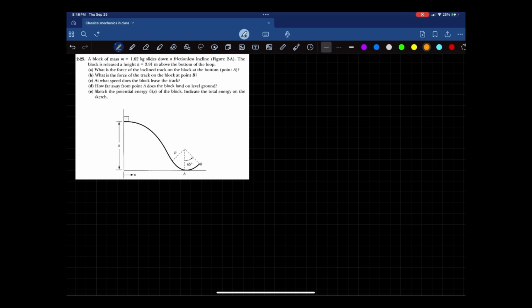225 is asking: what is the force on the inclined track on the block at the bottom? At the bottom, we have a flat point right here, so technically our block would be laying like that.